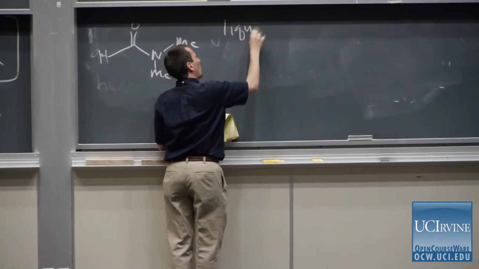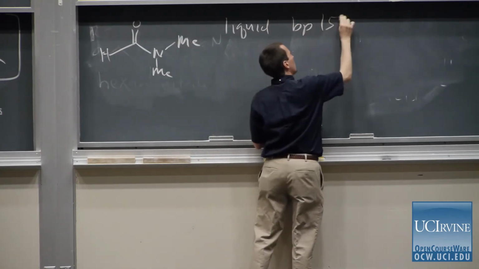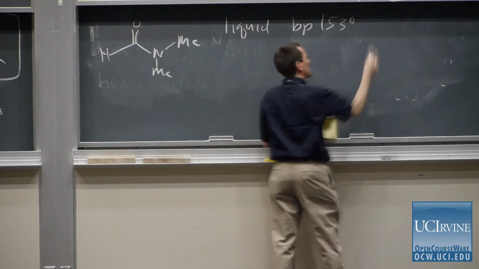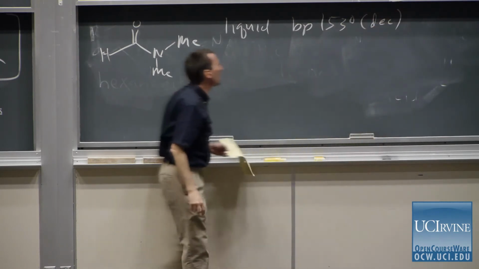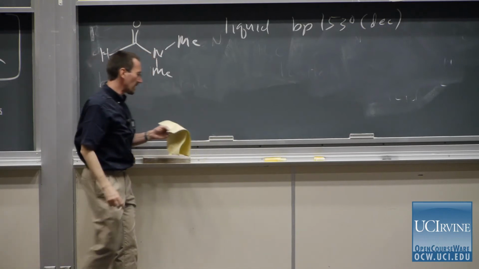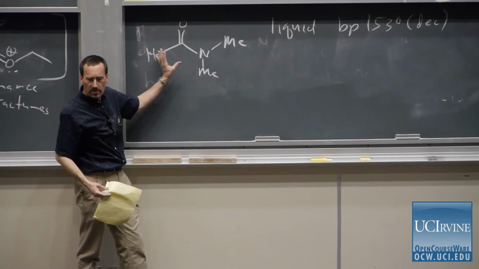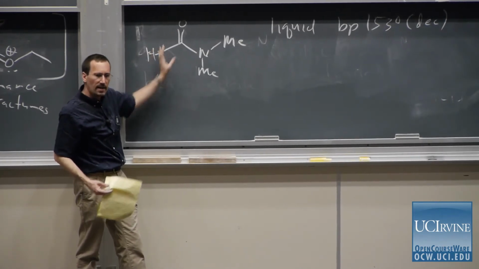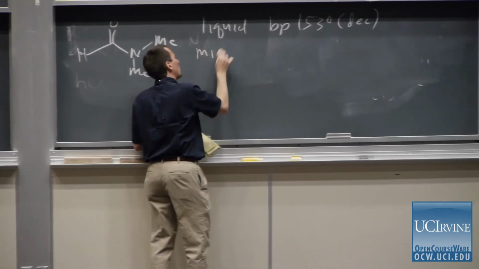So dimethyl formamide is a liquid. Its boiling point is 153 degrees. It decomposes to carbon monoxide and methylamine at that temperature, so you can't really distill it. And it's much more polar. It's got a bigger dipole moment, a bigger dielectric constant than ethyl acetate. It's miscible with water.